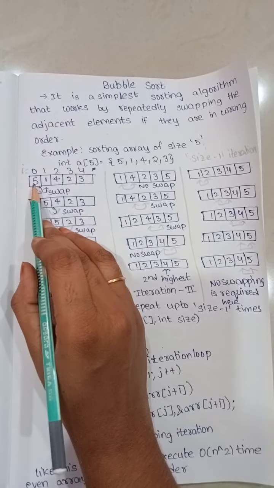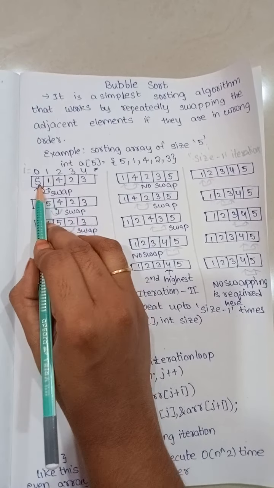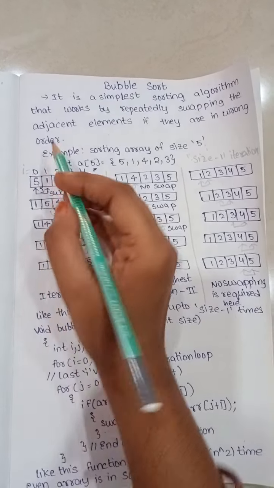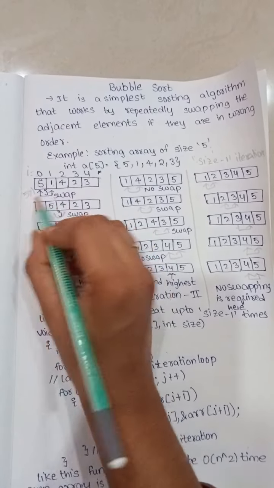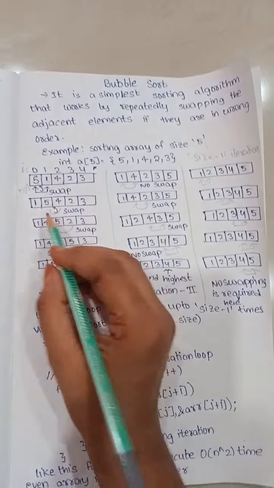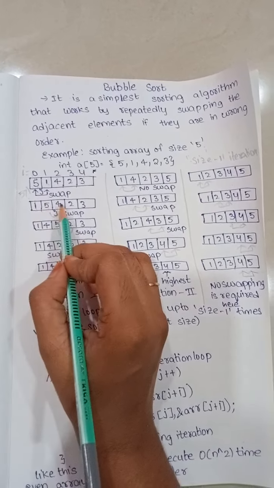I am comparing 5 with 1. Here I am checking whether 5 is greater than 1 or not. It is right, 5 is greater than 1. Then it swaps those adjacent elements, so 1 comes first and 5 goes to the next.